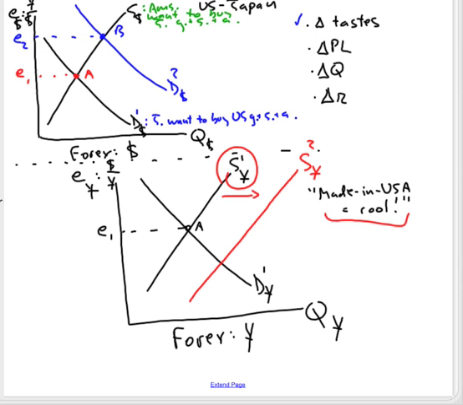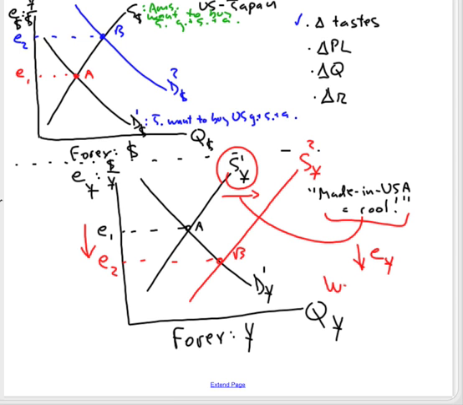Made in America equals cool means a greater supply of yen in the forex market. So made in America becoming cool, an increase in Japanese demand for American goods and services pushes down the exchange value of the yen.